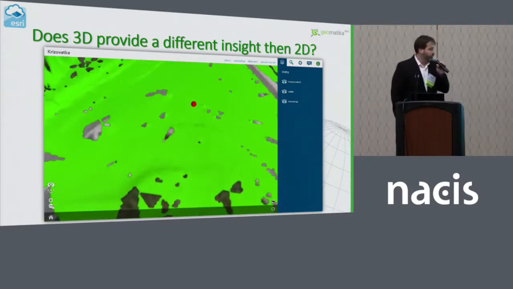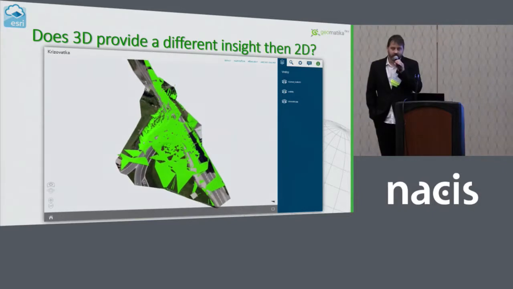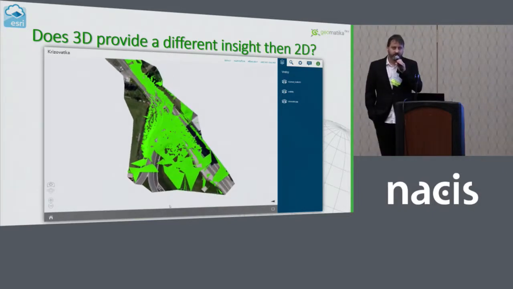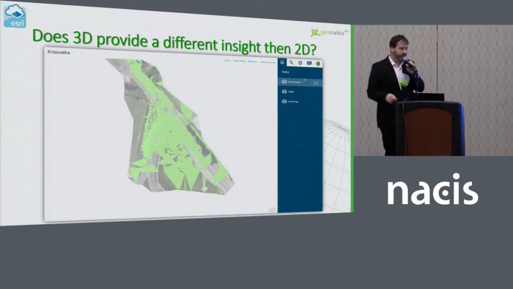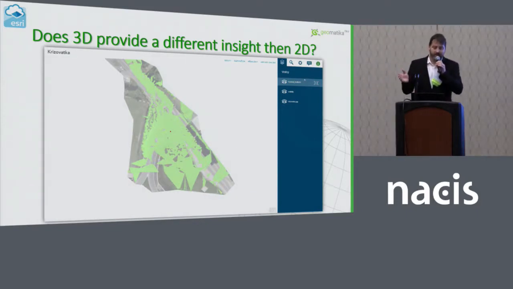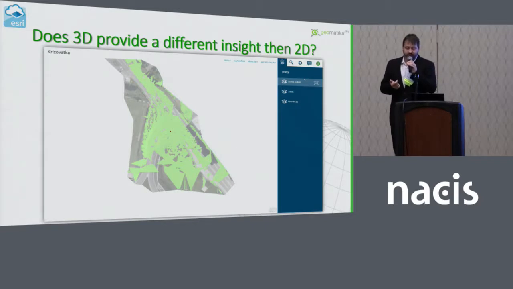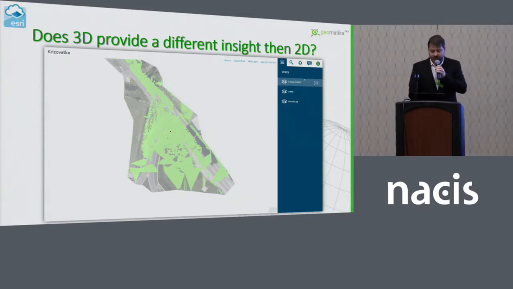If you want to calculate such an analysis in two dimensions, you would probably struggle with the 2.5D constraint. So maybe a wall would be fine, but if you have more complex structures like trees, then you really need the third dimension for the analysis at least, and then you can use it for the visualization as well.